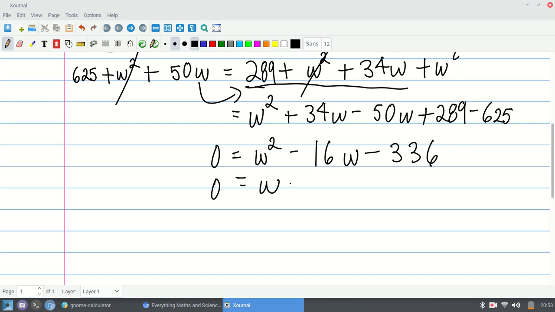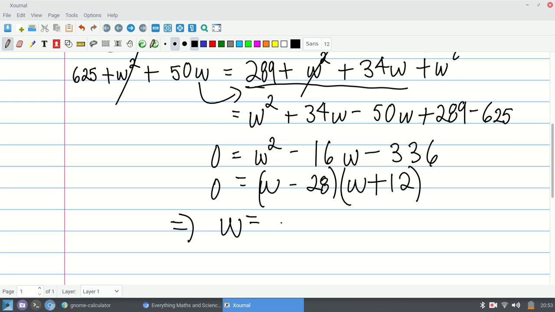So if I have negative 16, I go negative 28, right? The bigger number gets the minus, and then the other one gets a plus. So now, if I solve, my width is going to be 28 or negative 12. Now, the width can't be negative, right? It just can't. So the width has to be 28.